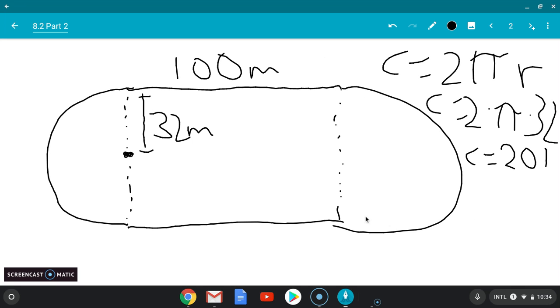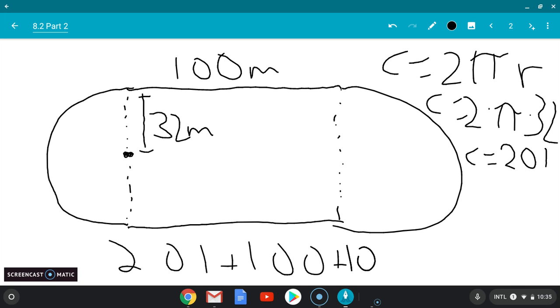But I'm not going to divide it by 2 to figure that out just because there's 2 semicircles together that make a full circle. So this and this together make 201. Then I have to add this side and this side. So I'm going to do 201 plus 100 plus 100, and you're going to get 401 meters for the perimeter, okay?